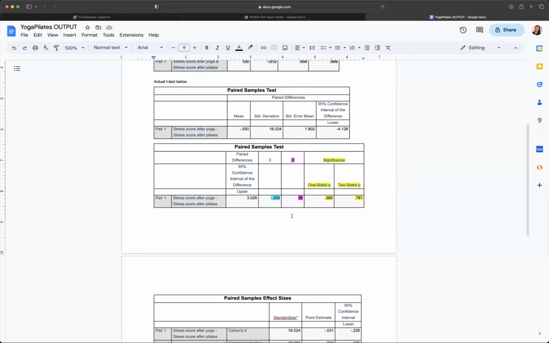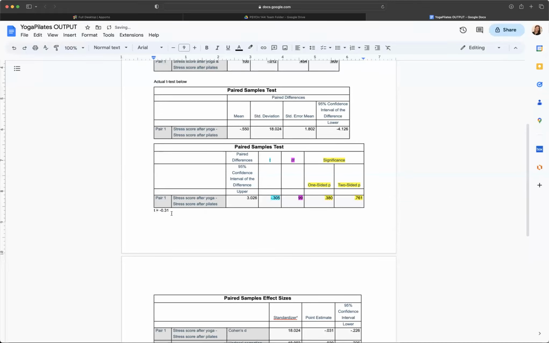But first, I want to address this. The way that you would identify this is, again, you want to write out your t-score. So we have a negative, and it's going to be 0.31 because I'm rounding up from the 5, and then there's a leading 0 here because t-scores can be greater than 1.